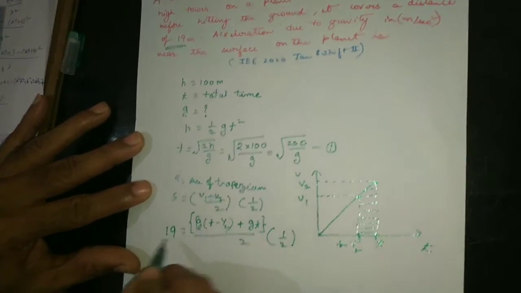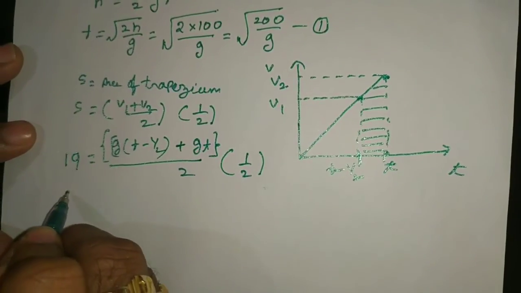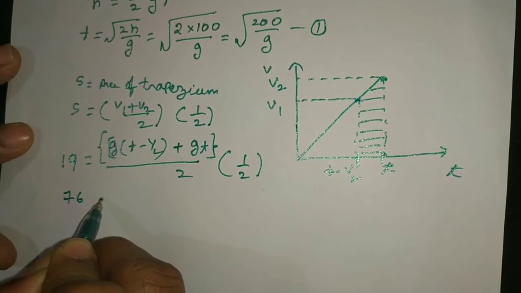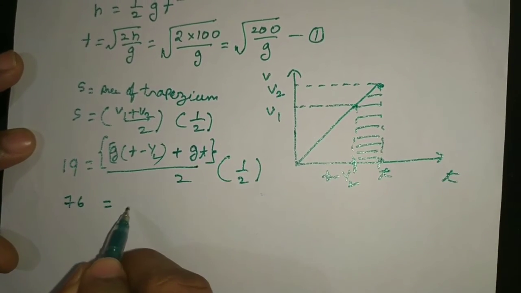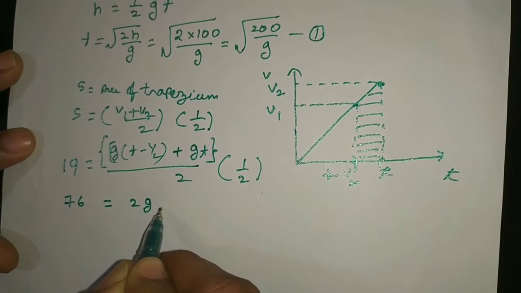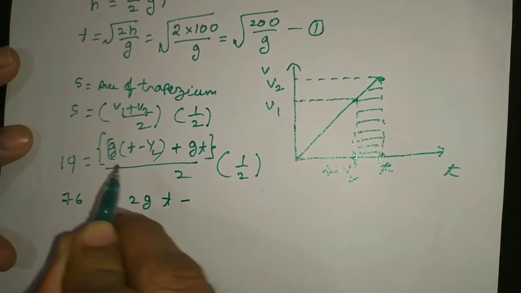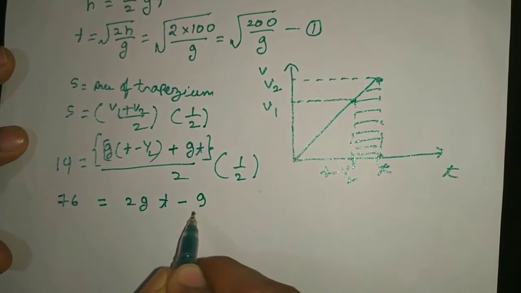So 19, on cross multiplying, 76 is equal to g t plus g t, that is 2 g t, minus g into 1 by 2, so g by 2.